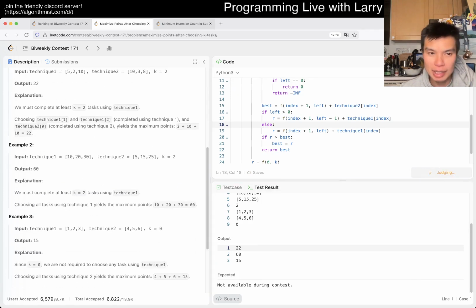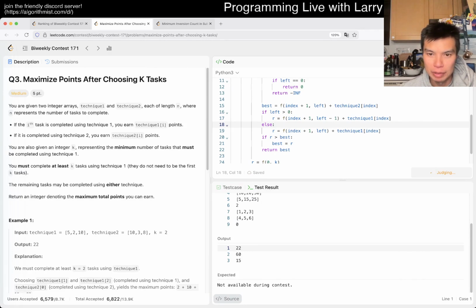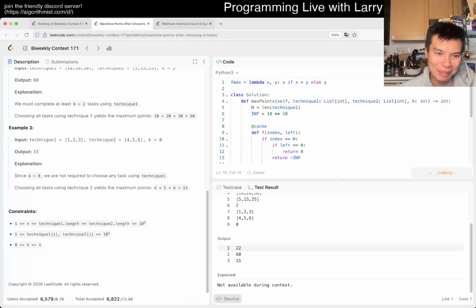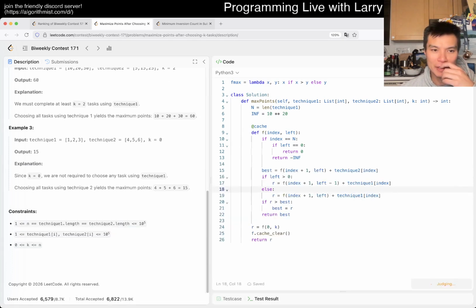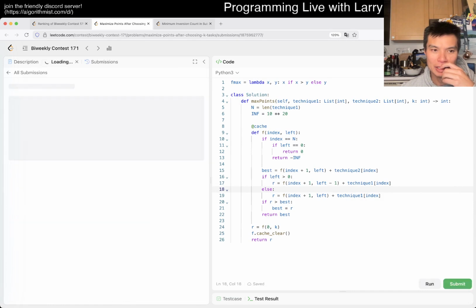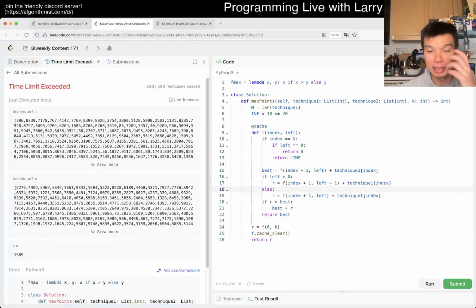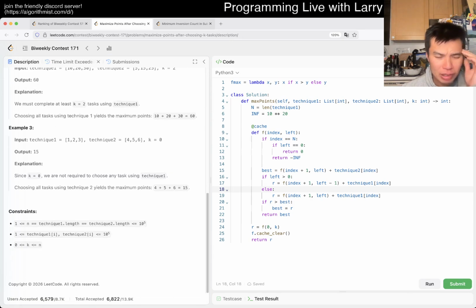I mean, if it times out, I blame it on Leetcode. Wait, actually, I forgot to look at the complexity. Now this should time out. Why did I forget to look at the complexity? Huh? That's really silly. Yeah, I mean, this should time out. I had a brain fart. For some reason, I thought K was small. This is really dumb.